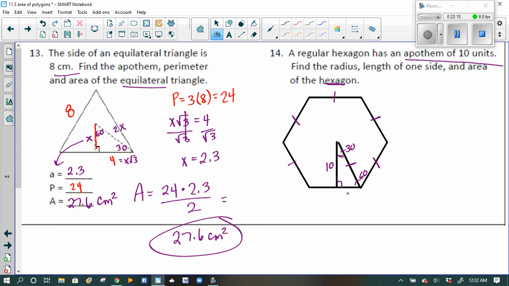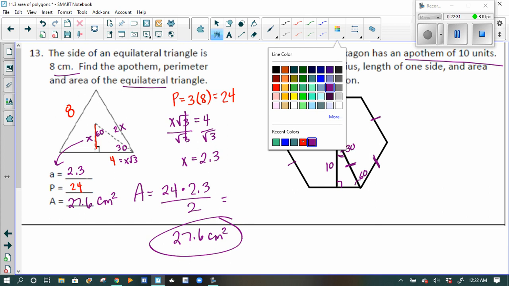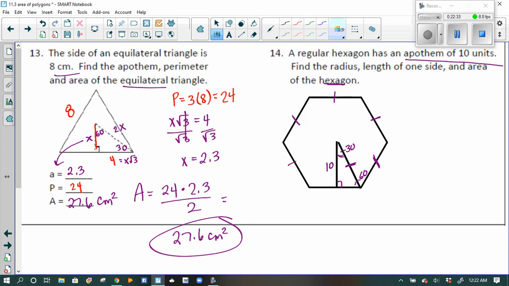So what I'm going to do is I need to find the length of the radius so that I know the side, so I can find the perimeter. Okay, so using our 30, 60, 90 rules, this is x, this is 2x, this is x square root of 3.